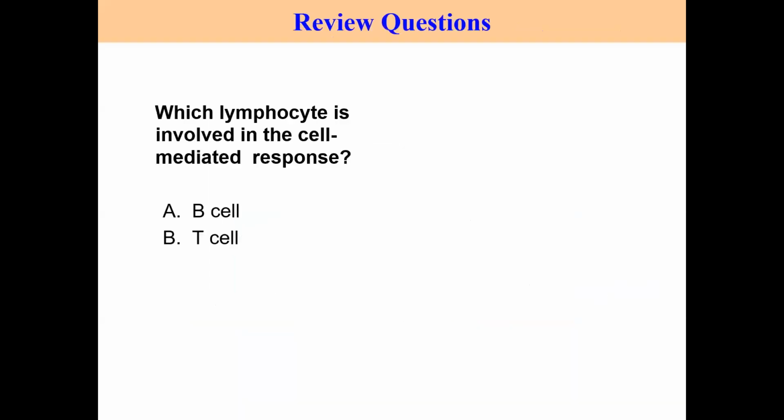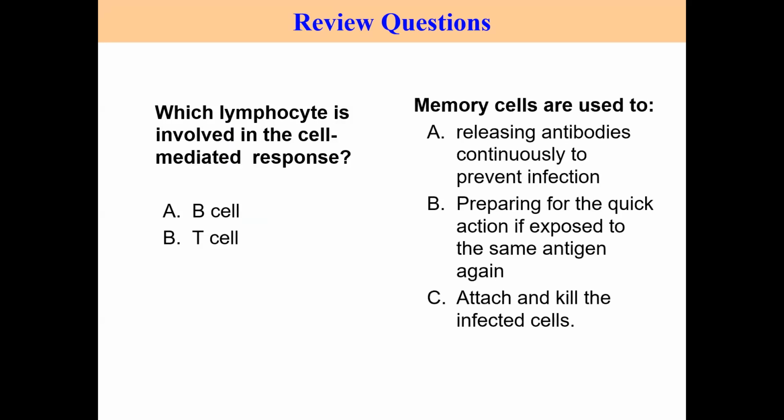Review slide. Let's look at the questions. Which lymphocyte is involved in the cell-mediated response? Cell-mediated has to be T cells. Memory cells are used to... B, as a boy.